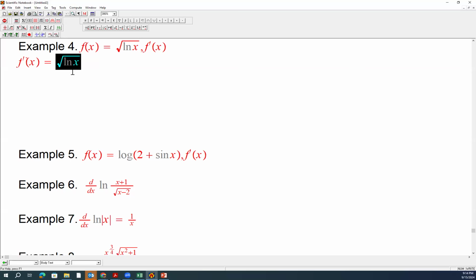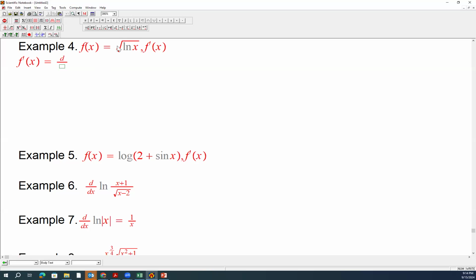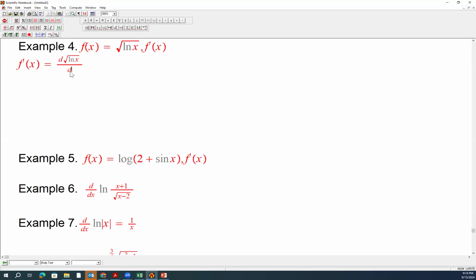So let's write it down this way. The derivative of the square root of ln x: we take that piece and make it u, multiplied by du/dx, and u, of course, is ln x in our case.